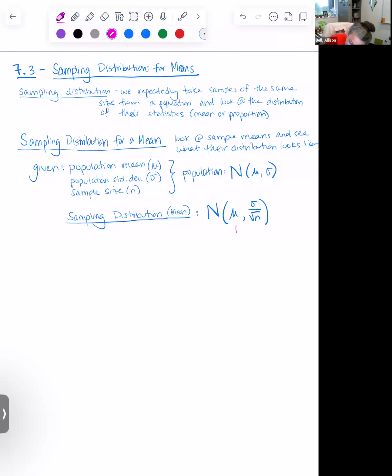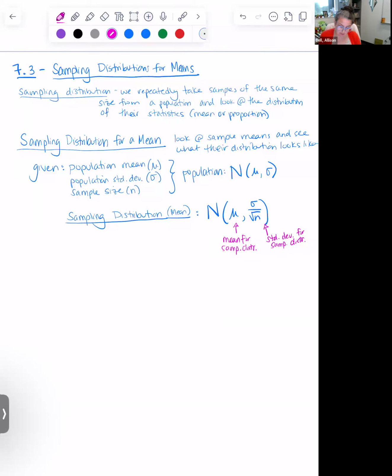So this is the mean for the sampling distribution, and that is the standard deviation for the sampling distribution. So what we have now is a new normal model that we can use to find the mean and the standard deviation of, and we can then use normal CDF to answer any questions that we might have, because now we're looking at a normal model.